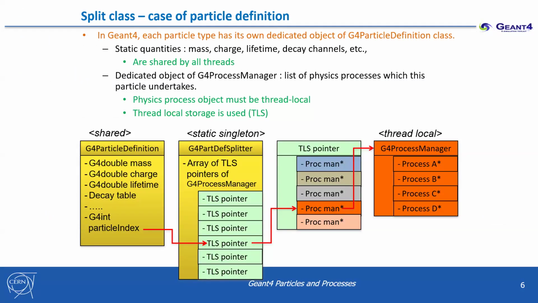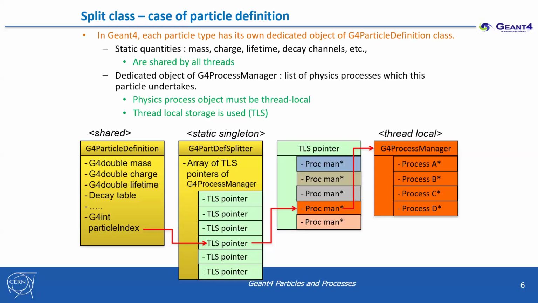Because for us, multi-threaded mode is important, we need to speak about some details. It is the split classes which we have in order to handle multi-threaded physics. There are static quantities, which, as we discussed before, were defined in the particle definition.